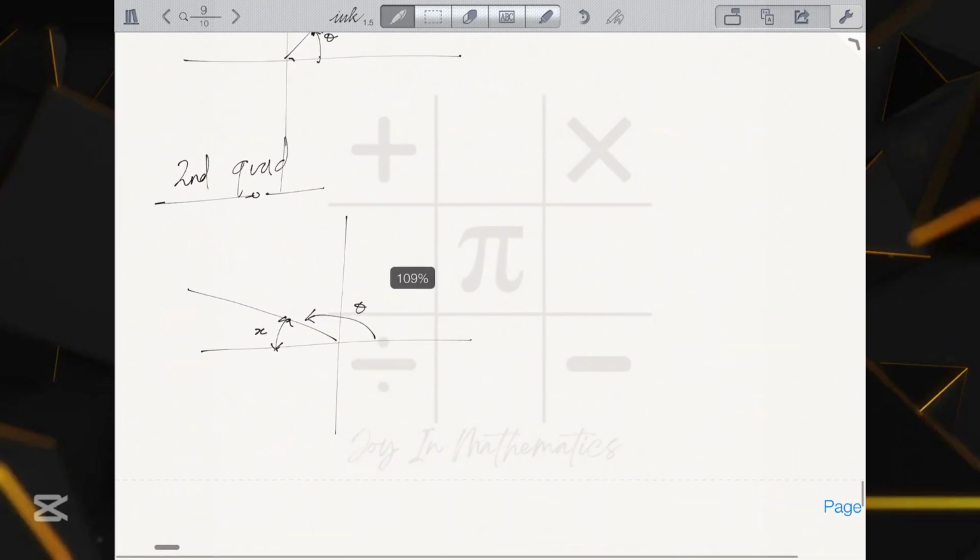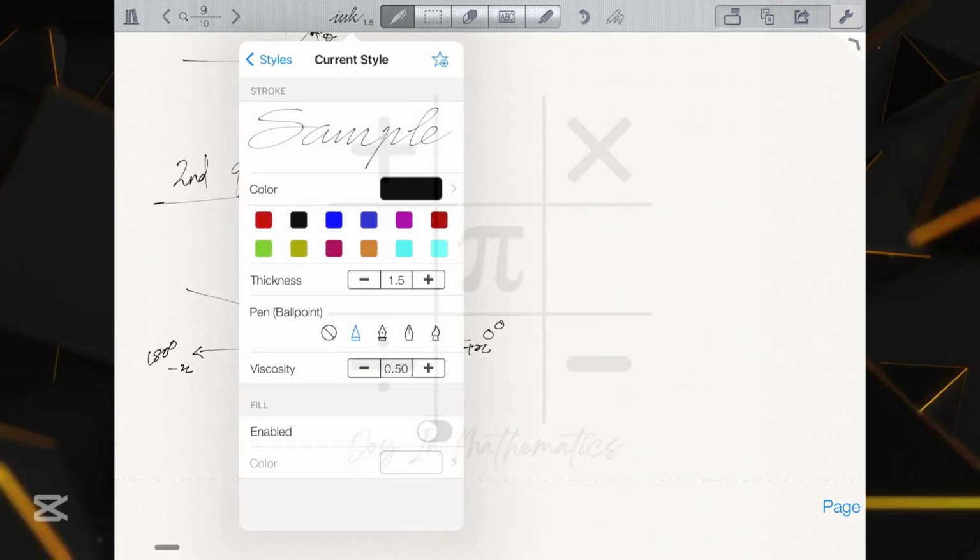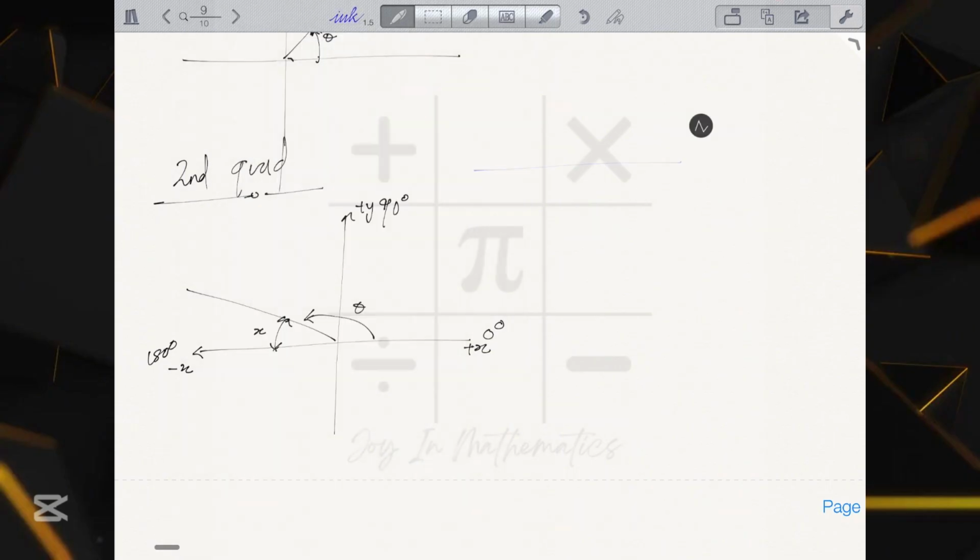Now we understand that the total angle from positive x to negative x, passing through positive y, is from 0 degrees passing through 90 degrees to 180 degrees. Now this is equivalent to thinking that the sum of angles on a straight line is 180 degrees.